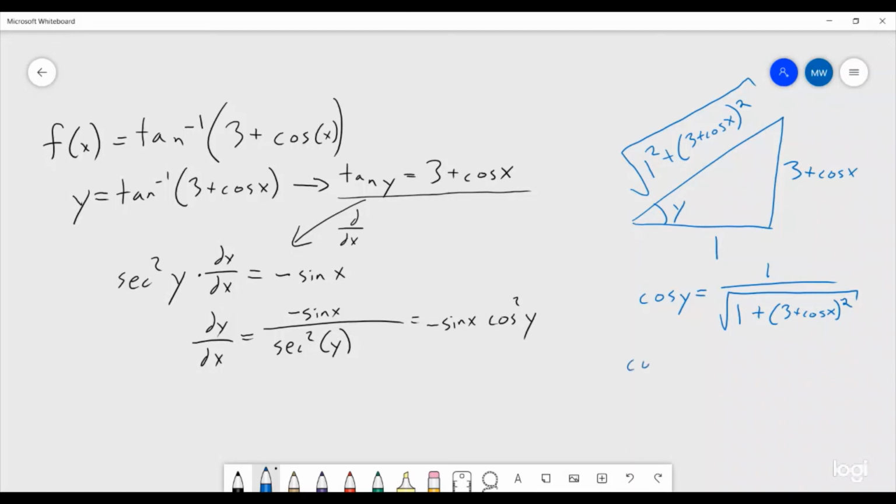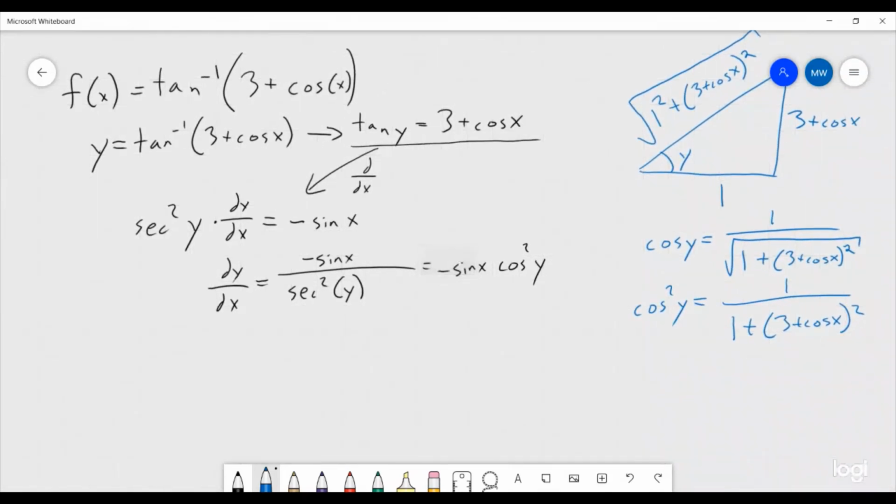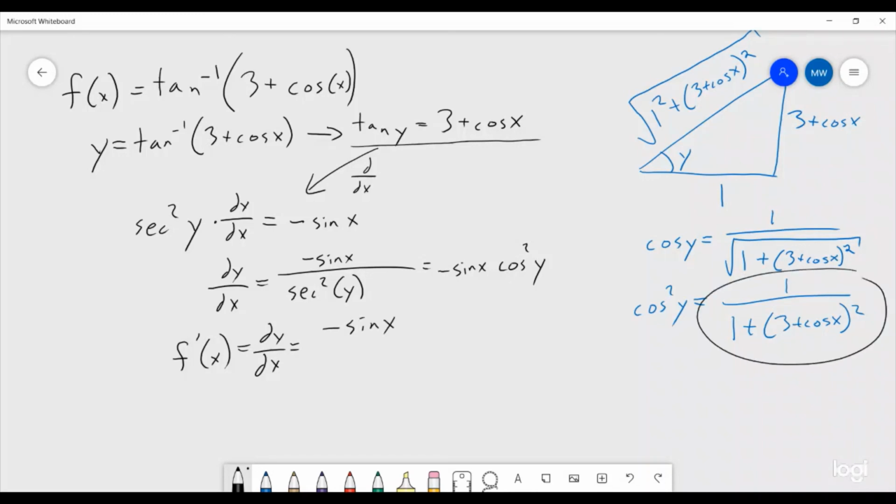So that means that cosine squared of y is just going to be 1 over 1 plus 3 plus cosine of x squared. So what that tells us is that f prime of x, which is our dy dx, is equal to negative sine of x times cosine squared of y, so negative sine of x over 1 plus 3 plus cosine of x squared.